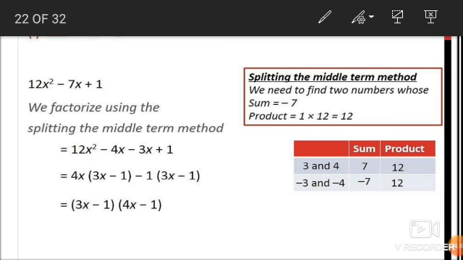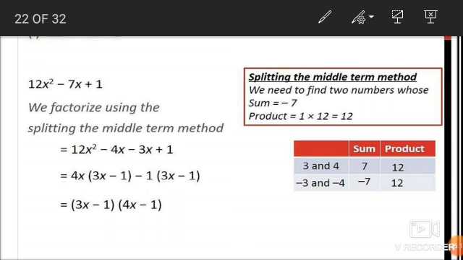The product of the first term and the last term is what we have to find the factors of. 3 and 4: the sum is 7 and the product is 12. Like this we find the factors of 12. So 12x square minus 4x minus 3x plus 1.